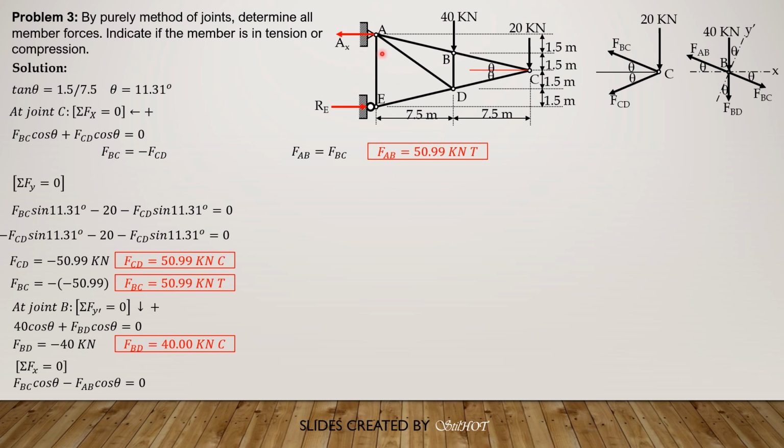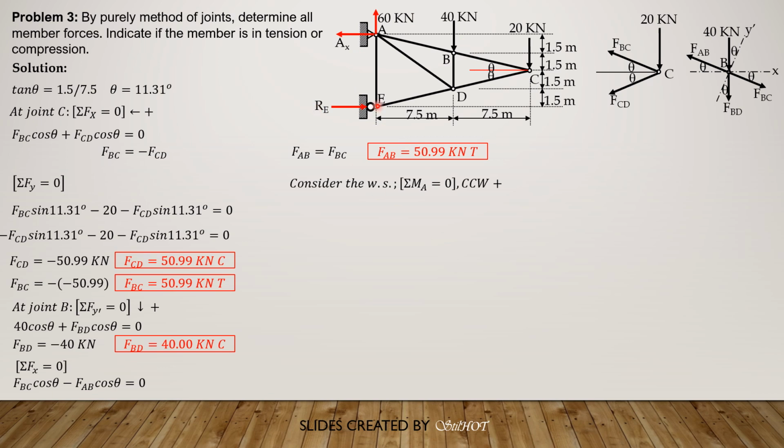So AY, of course, is obviously equal to 60 because we have two downward loads. 40 plus 20 is 60 downward. So therefore, AY is 60 kilonewtons upward. So summation of moment about support A equals 0, considering counterclockwise positive.